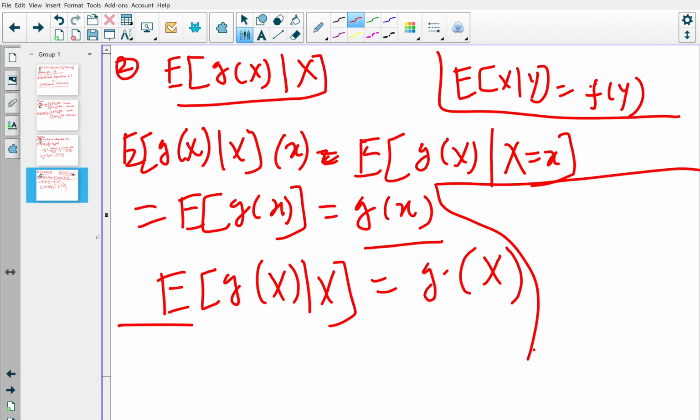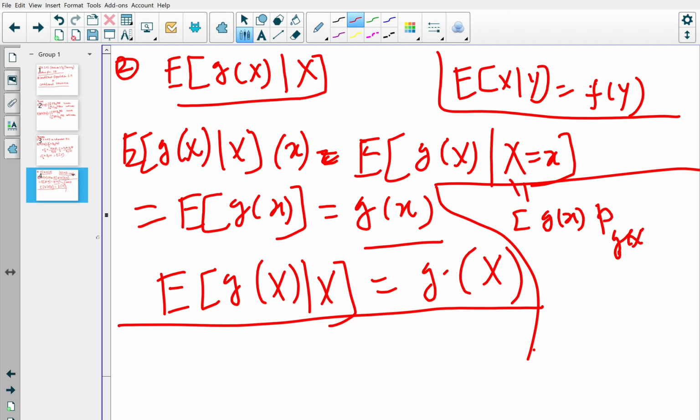If you compute it, you get g(x) times the conditional probability mass function given x.